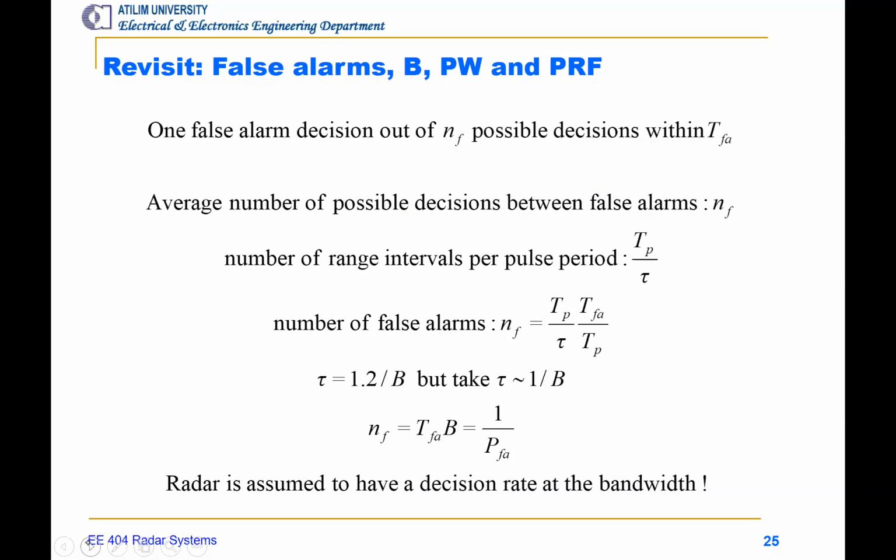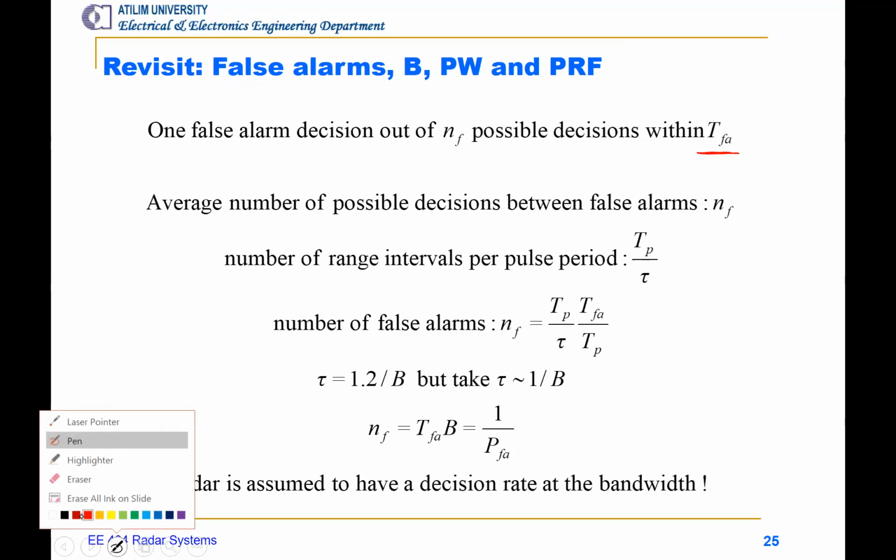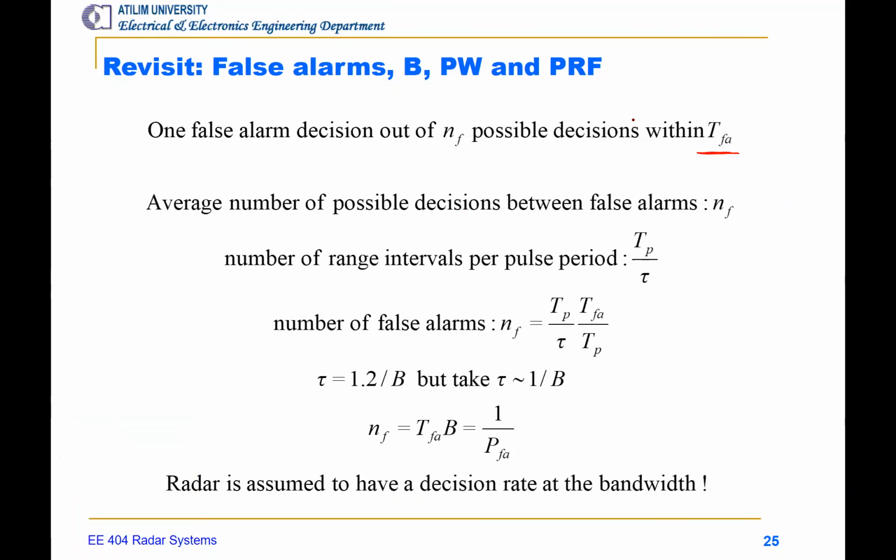We got one false alarm out of every NF possible decisions within TFA. So we can remember the signal in the false alarm case. We have the time axis here and the voltage, and remember the signal just like this.